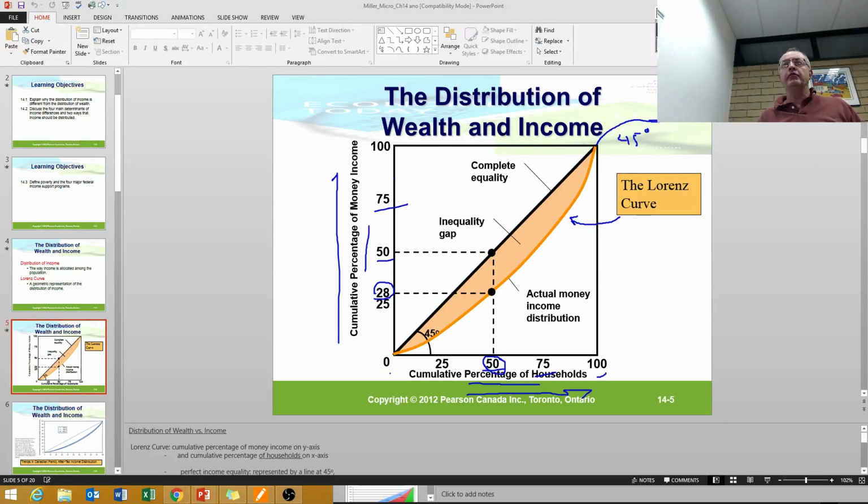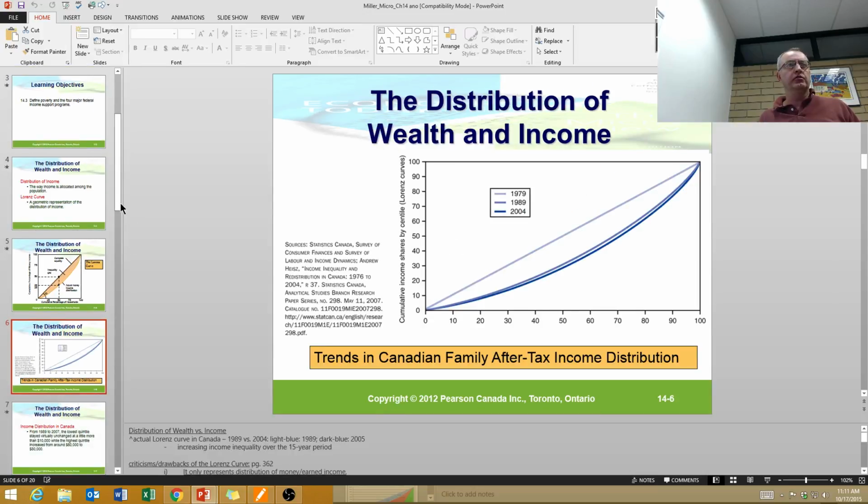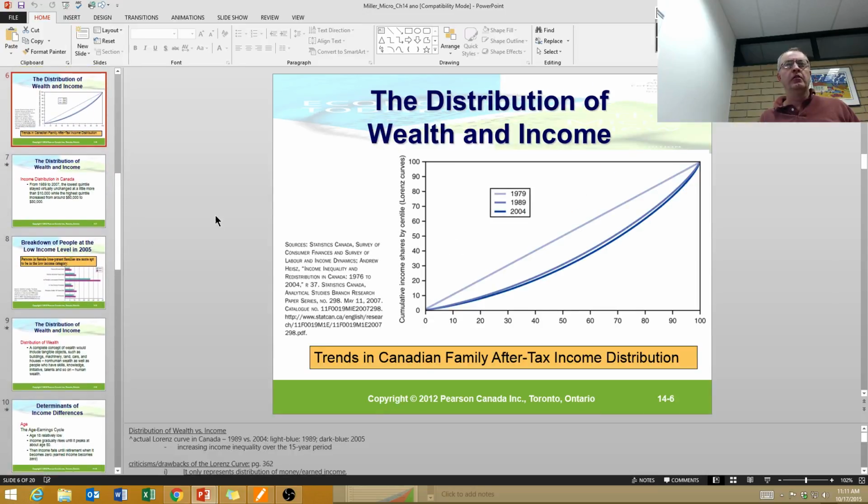Okay, so we have the actual Lorenz curve for Canada, and it's a comparison between years. So the dark blue line is 2004. The lighter blue line is 2009. I don't like that the 1979 line is on this chart, actually.